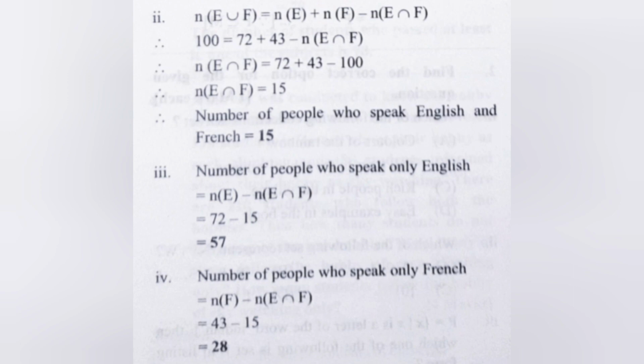So we have substituted here and what we got, 72 plus 43 minus 100. So we are finding number of E intersection F. So this is in minus.